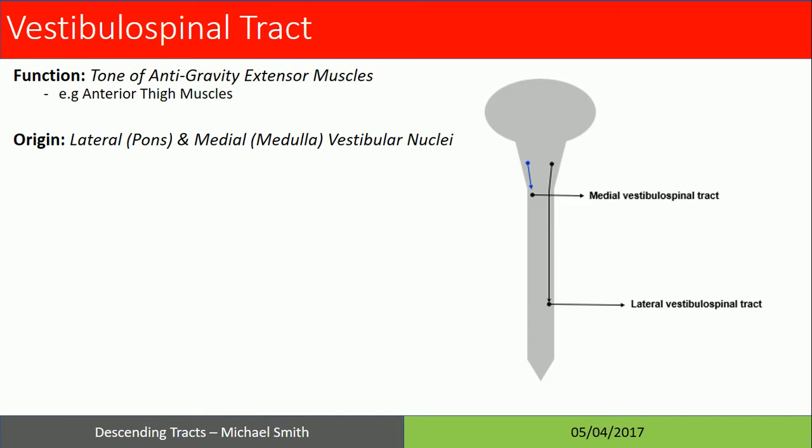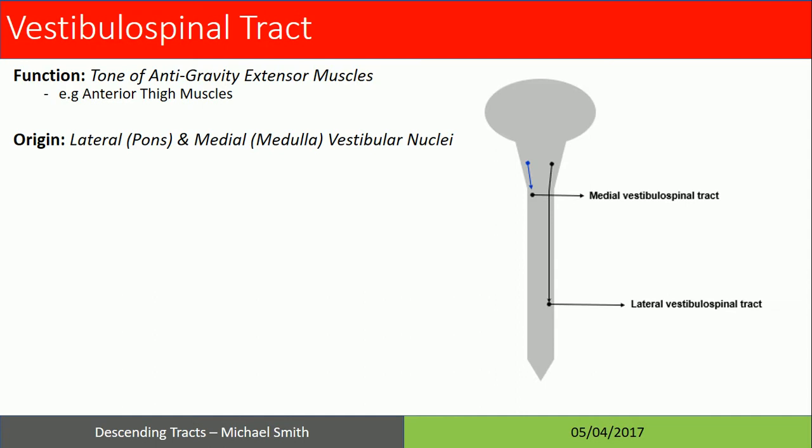So these will originate at your vestibular nuclei, and your lateral vestibulospinal tract originates at your pontine vestibular nuclei because it sits across the pontomedullary junction, and your medial vestibulospinal tract originates in your medulla.